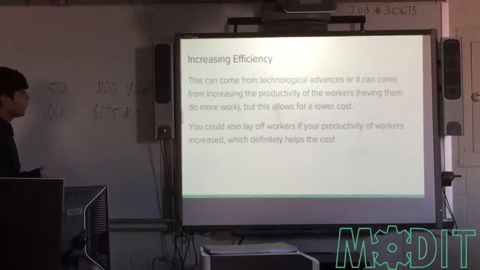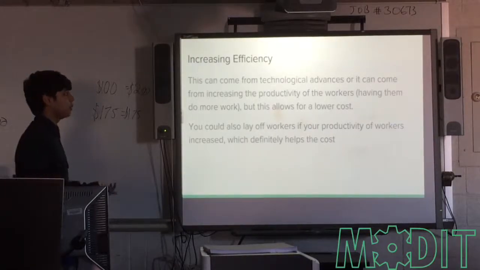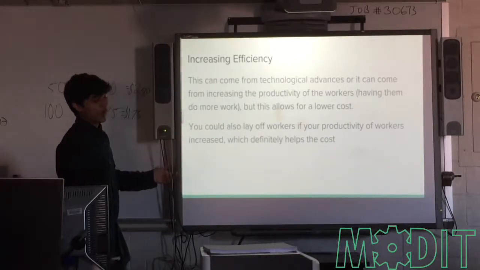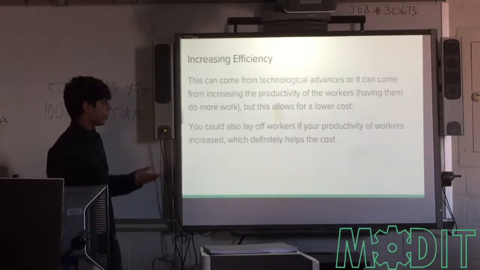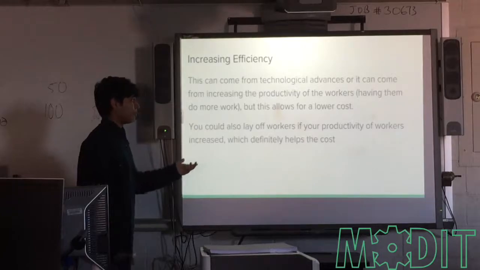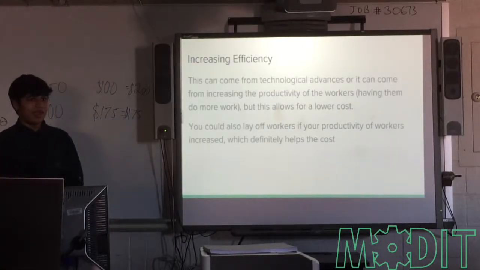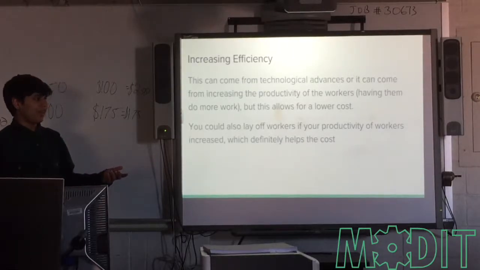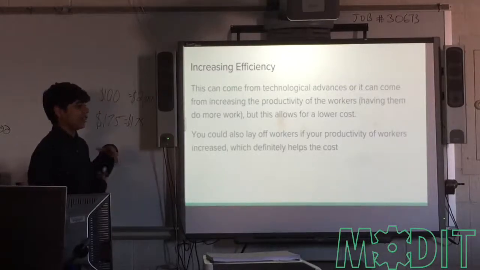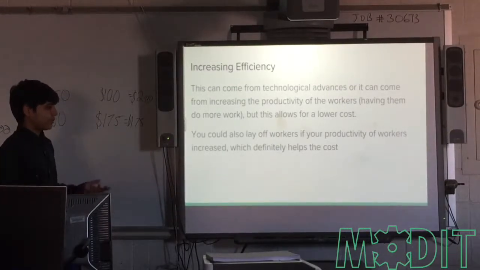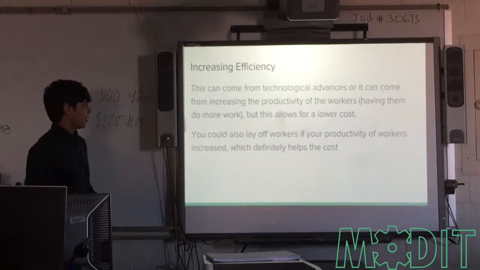And there's increasing efficiency, which is the hardest thing to do because you can't really predict technological advances, but you can do research, of course. Or increasing the productivity of workers, that's probably the hardest thing you can ever do. It's like telling your classroom that all of a sudden the homework doubled in size. The students would probably protest, I would guess.